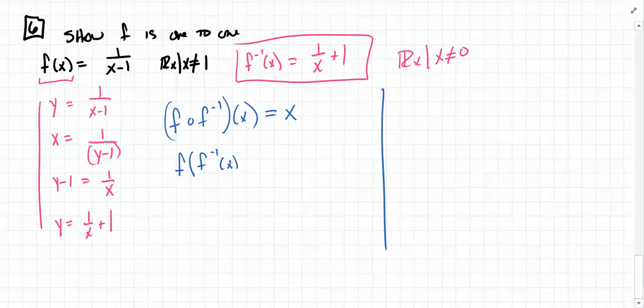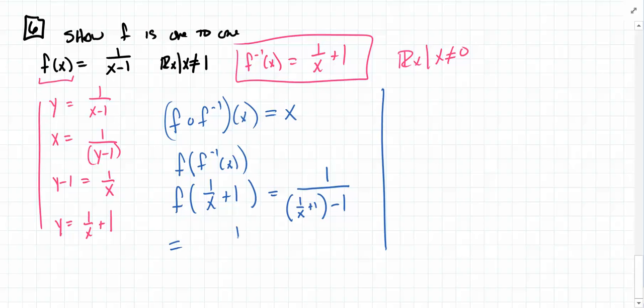It's 1 over x plus 1. Okay, and what do I do with that? I plug it into the f function. So that's going to give me 1 divided by 1 over x plus 1, and then minus 1. Which is just 1 over 1 over x, which is just x. That's good. That's what we want to get. We're supposed to get the identity back.